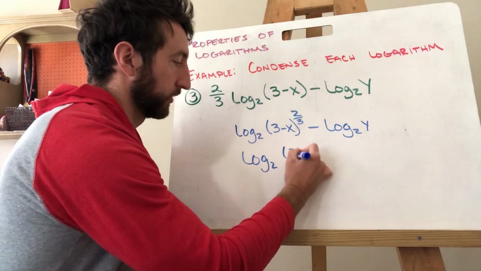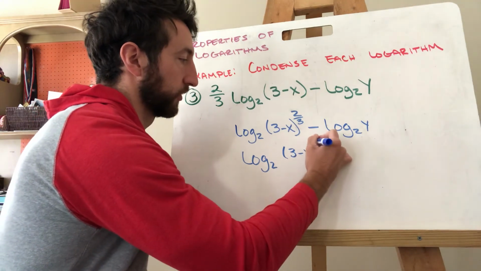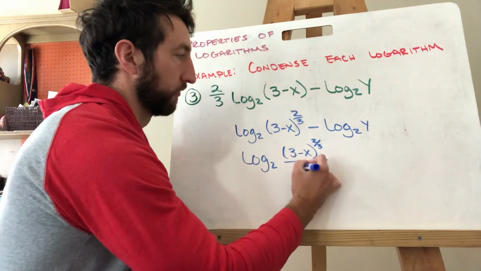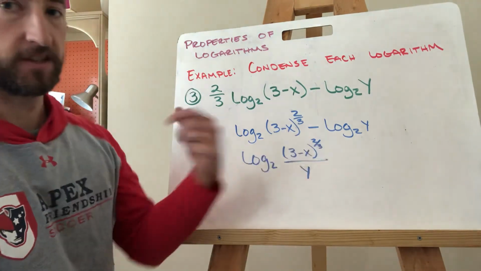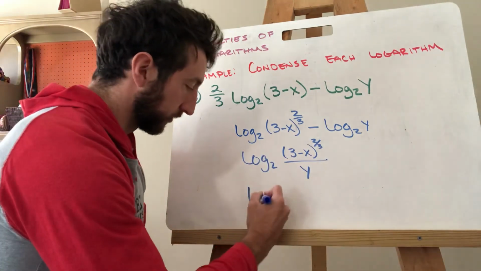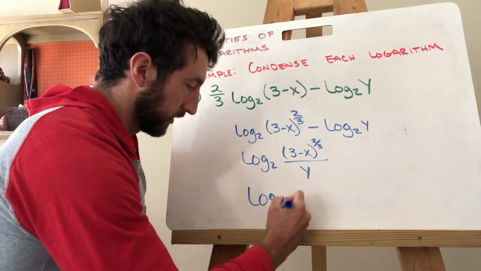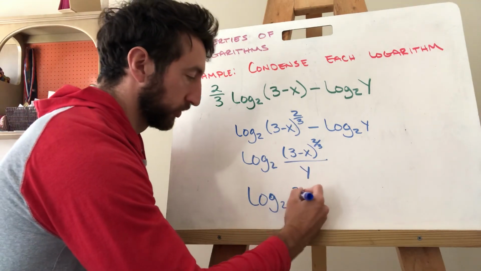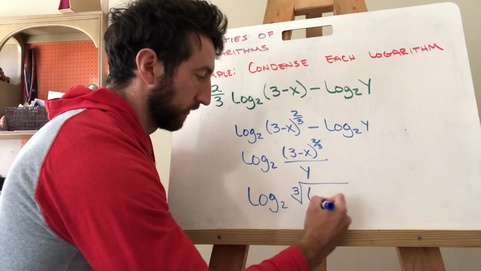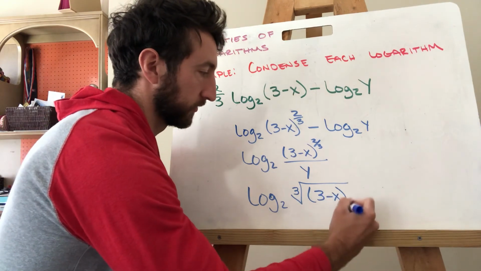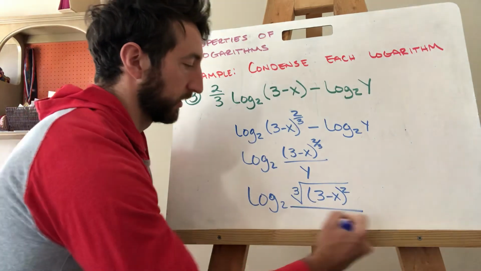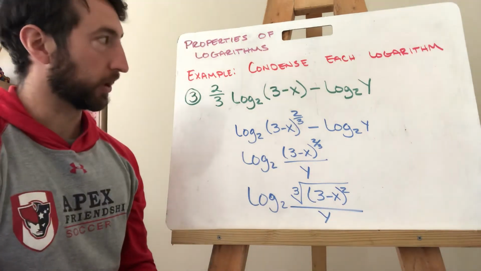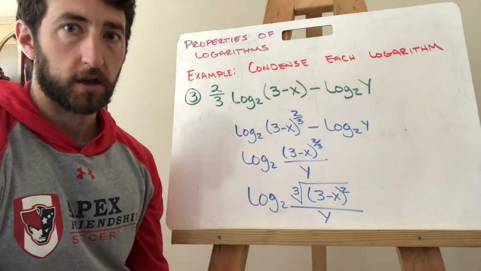So we've got 3 minus x to the 2/3 over y. And then I'm going to do one more step, changing this into its cube root form. So it's going to be log base 2 of the cube root of 3 minus x squared. So remember, the numerator becomes squared, and then we divide it by y. So that would be our condensed version of the logarithm.